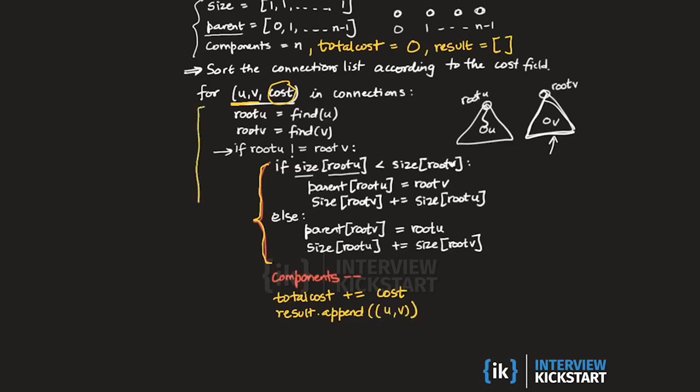And so once we exit the for loop after looking at all the edges in the graph, we would have the total cost of the minimum spanning tree available here, and we would also have the edges of the minimum spanning tree available there.